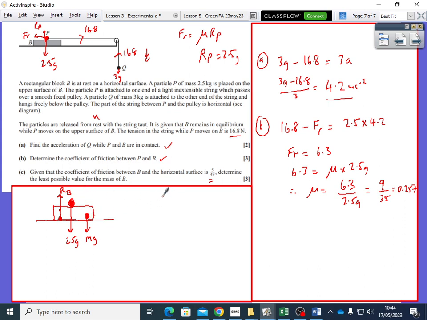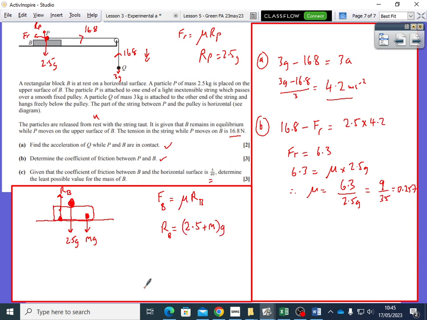So basically we know that at this table the friction at B on the table is going to equal mu times R of B, and in this case R of B is equal to that plus that, so it's going to be 2.5 plus m, multiplied by g.